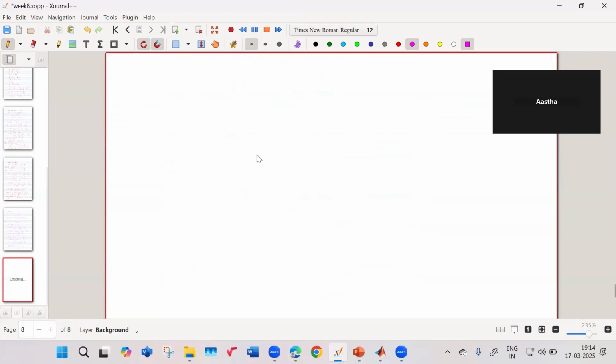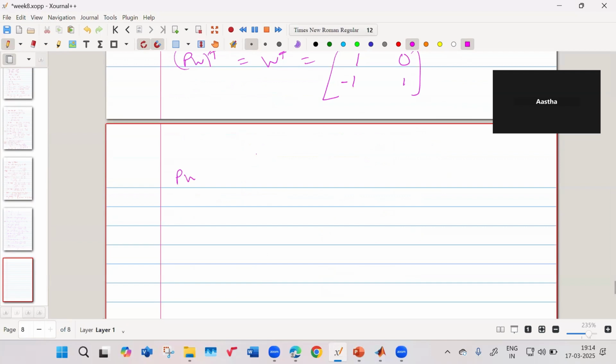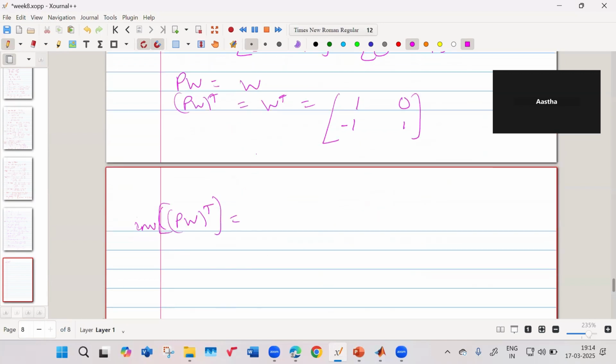Now, let us find the inverse of PW transpose. We have to find the inverse of this 2 cross 2 matrix. So what happens? These two get interchanged. So it becomes 1, 1, it is the same, so there's no issue. And 0 becomes minus 0, remains the same, and minus 1 becomes 1. Okay, and the determinant of it is 1 minus 0. So the matrix comes out to be 1, 0, 1, 1. So this is our inverse of PW transpose.